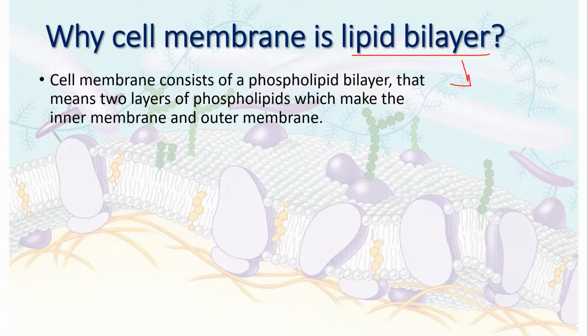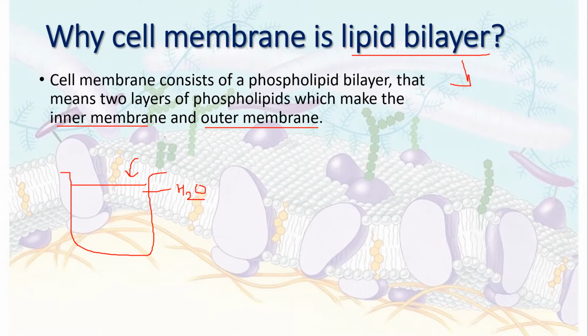As we just discussed, it consists of an inner membrane and outer membrane. To understand this, suppose you place some phospholipid molecules inside water. This is water, H2O, and you are going to place some phospholipid molecules.